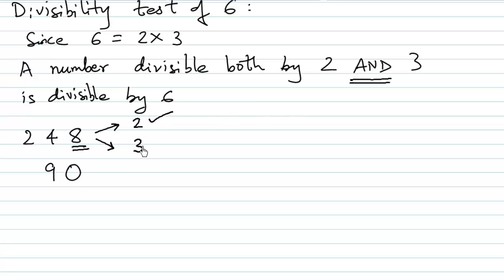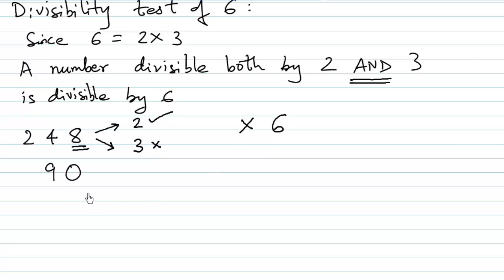And in order to know the divisibility test of 3, we need to add all the 3 numbers. So 2 plus 4 is 6, and 6 plus 8 is 14, and 14 is not divisible by 3. So this number 248 is not divisible by 6. It needs to be divisible by both 2 and 3.